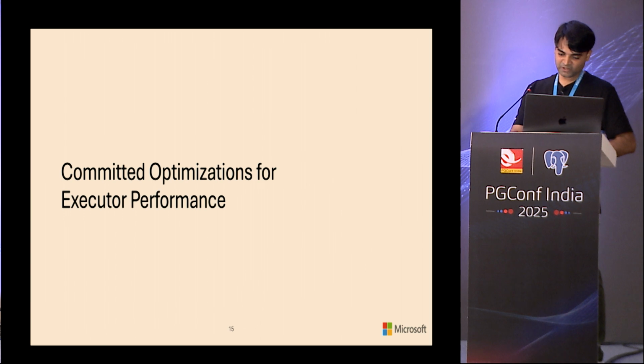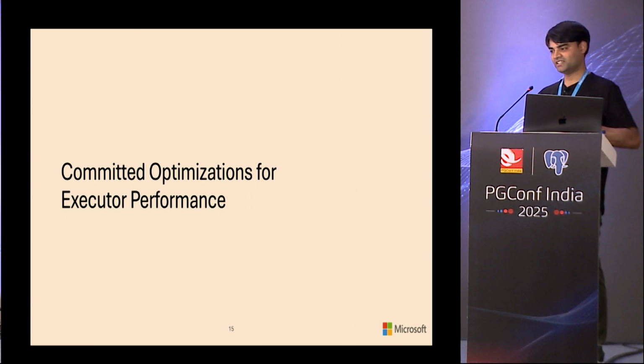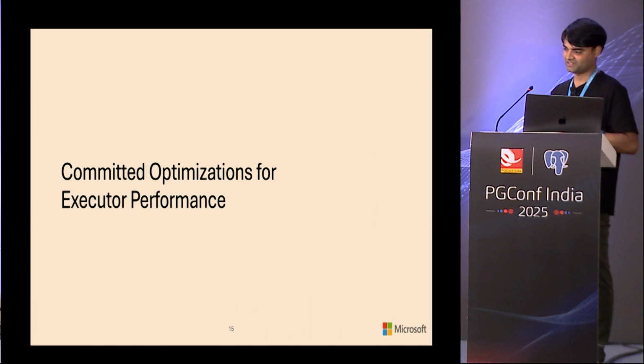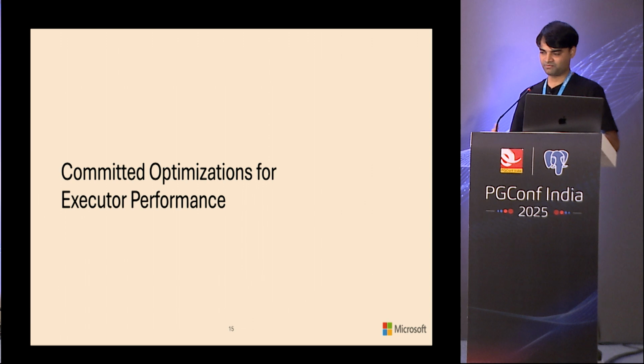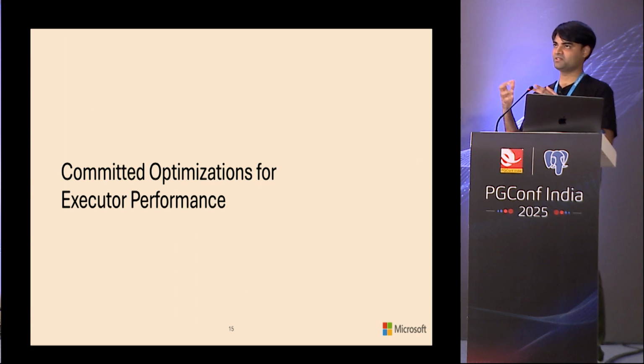So the work to improve it was started quite a while ago, and there were proposals to rewrite the executor from scratch, but those are large projects, and they never got done. We had ideas what to do, but the large projects never got done.